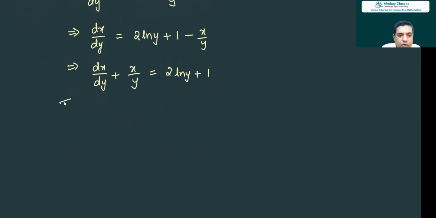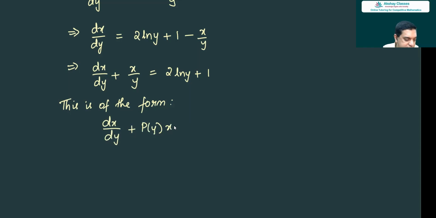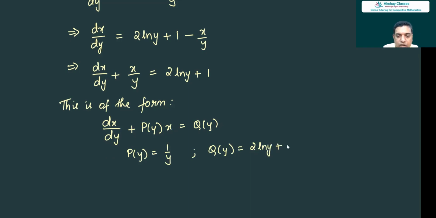So this is of the form dx by dy plus p of y times x is equal to q of y. So p of y here is 1 upon y. Q of y is 2 log of y plus 1.